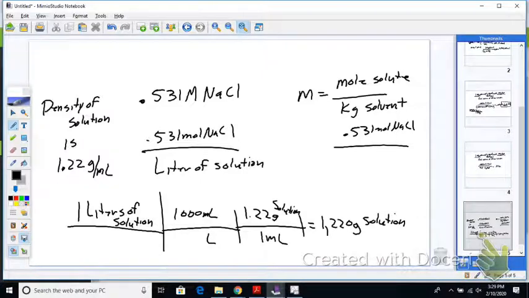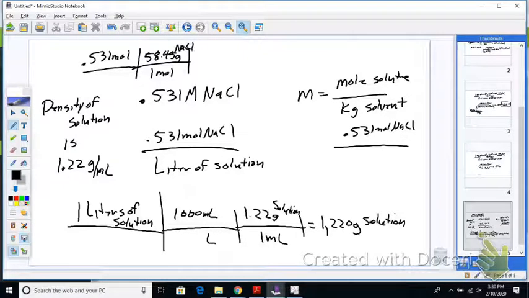I take the 0.531 moles and figure out how many grams of that 1,220 grams is actually NaCl. So I'll put 1 mole here and 58.45 grams up here, that's what salt is, and I will get the mass of just NaCl.